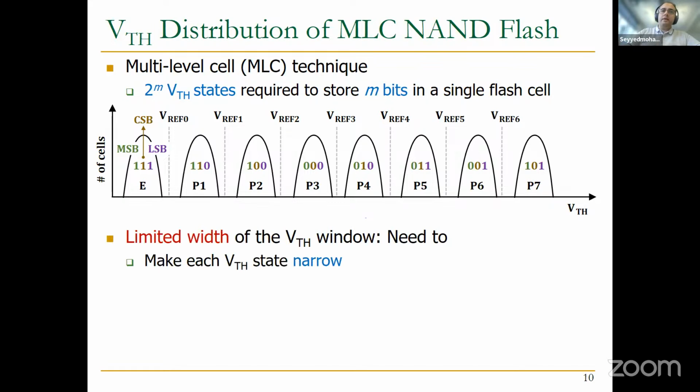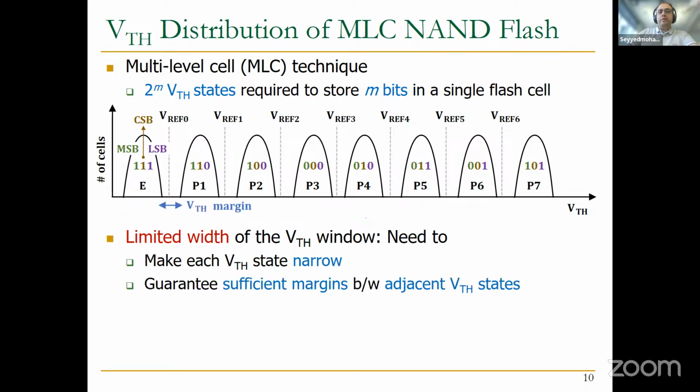As a consequence, the width of each threshold voltage window is limited now. That makes it narrower, and that essentially reduces the margin between two consecutive threshold windows. You can imagine why the reliability of TLC flash is lower.